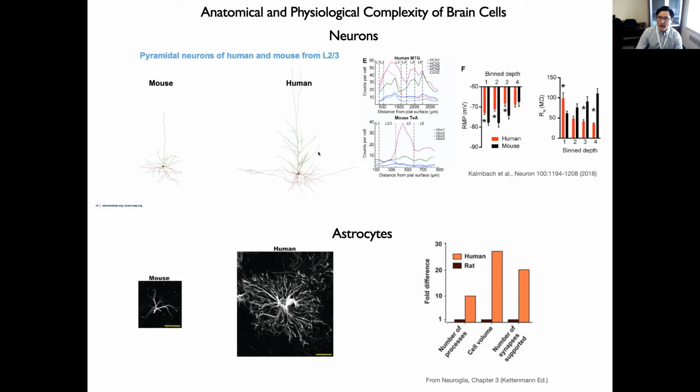So there's some interesting added complexity to human neurons with respect to their anatomy and physiology. And this could have an impact in terms of trying to translate findings between rodent and human, and understand also disease states of these two cells and how to intervene.